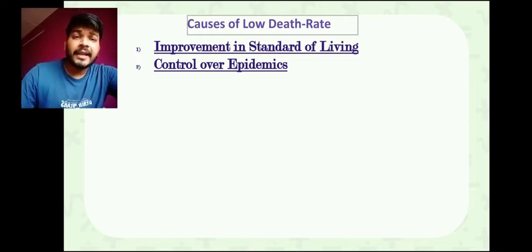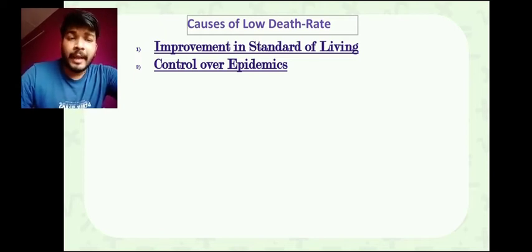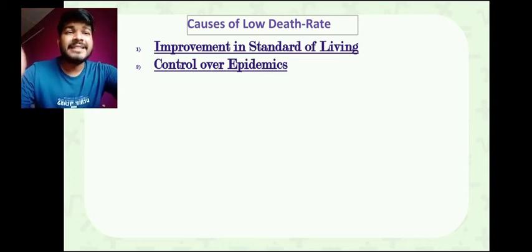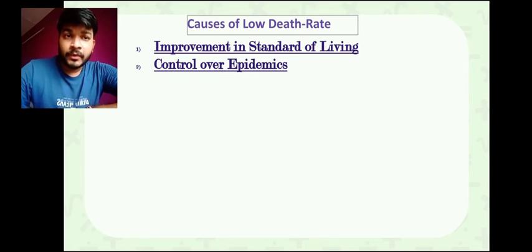The second point is the control over epidemics. Epidemics here means diseases which came from the year 1901 till 2011. There have been many diseases, and we have put control over them.